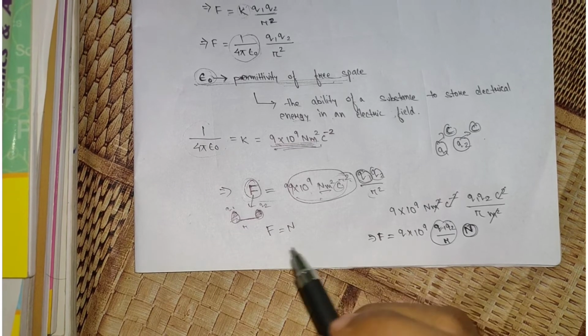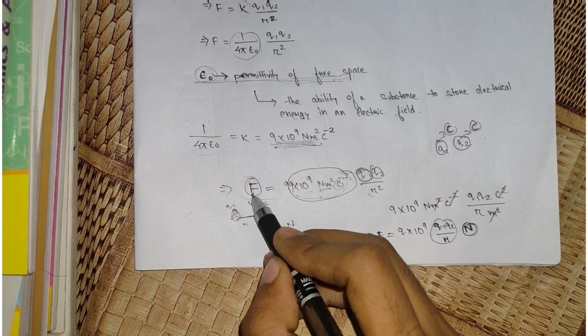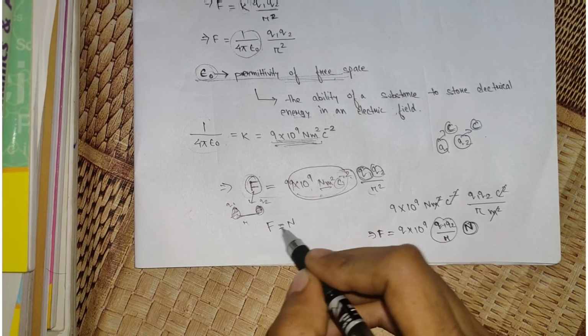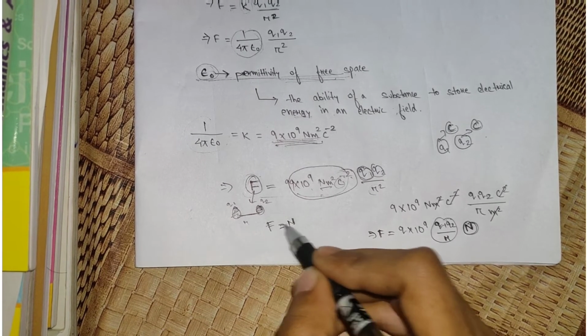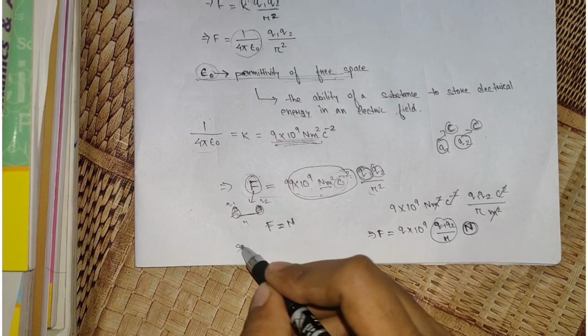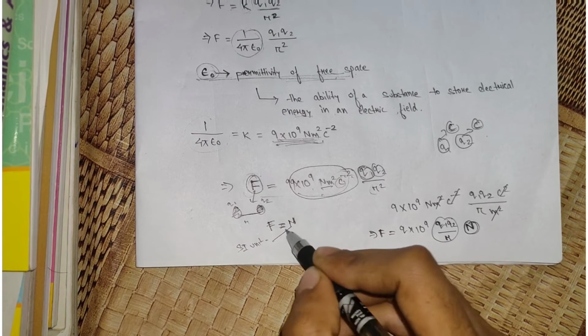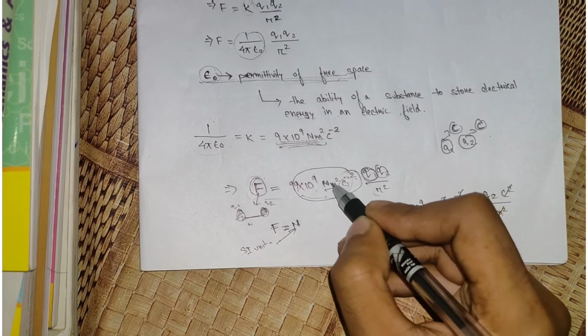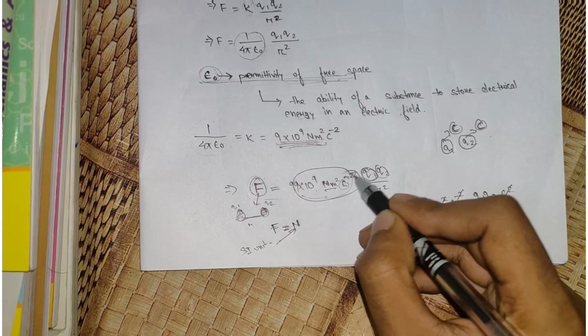Now you might be wondering, as we are calculating force, we should get its SI unit in newtons, right? We know the SI unit of force is Newton, but here we are getting Newton meter square and C to the power minus 2.